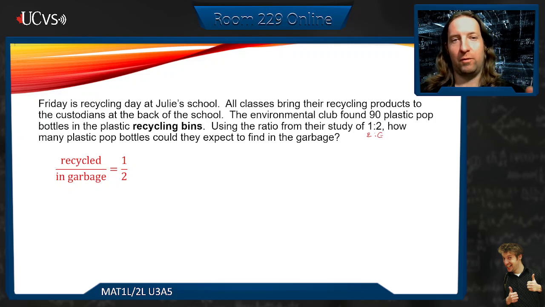And I'm going to write next to it, recycled over garbage, just to remind us that the top number is recycled and the bottom number is garbage. So that's the first part. We have our ratio that we know. The other piece of information we know is that we have 90 pop bottles, 90 plastic things in the recycling. So 90 is in the recycling.